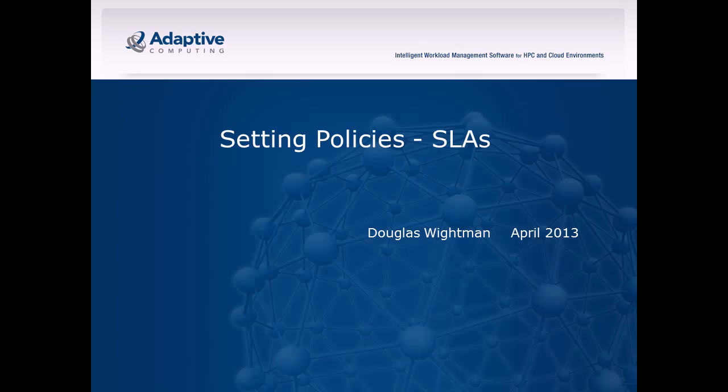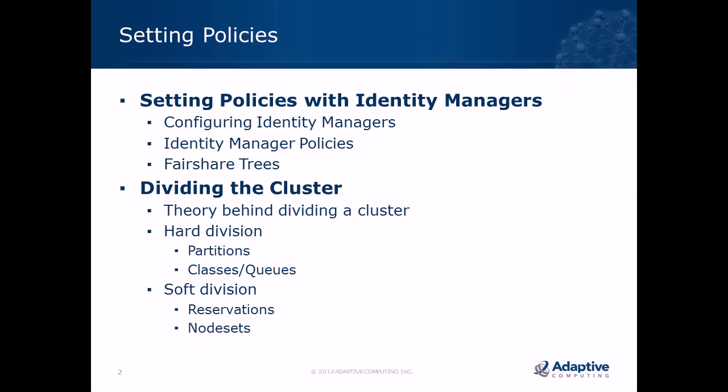So the session today is on setting policies, SLAs. I'm breaking the discussion into three main things that we're going to be talking about. The first one is on identity managers. So we're going to talk about what identity managers in Moab are, how you can use them, what the format is, and what their different tweaks, policies and best practices are. Then from there, we're going to go into one of their most powerful capabilities, and that is importing a fairshare tree.